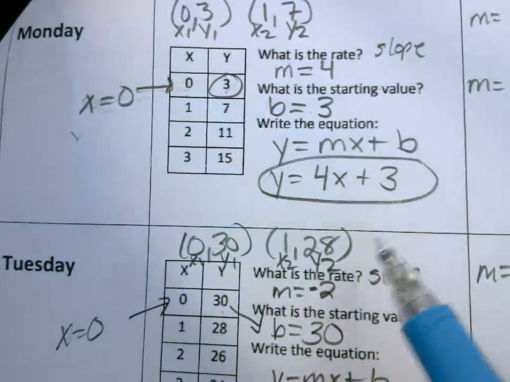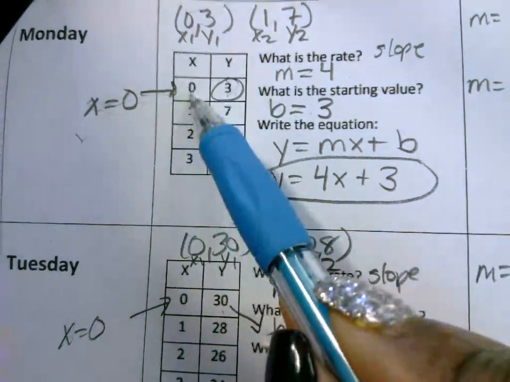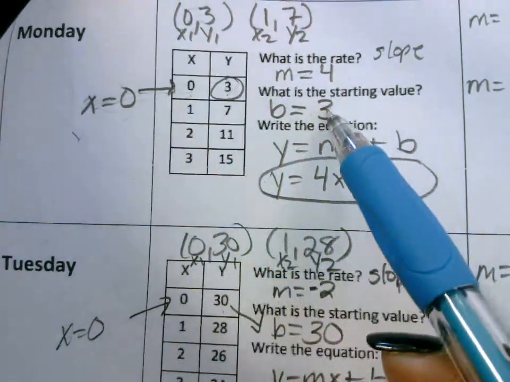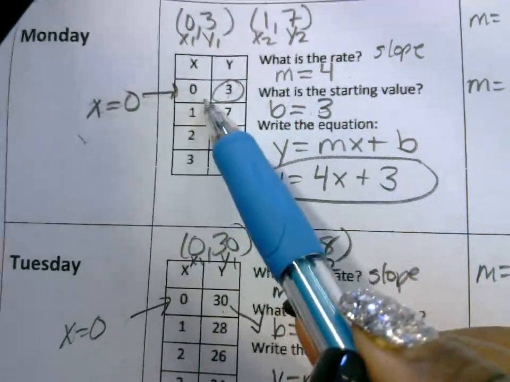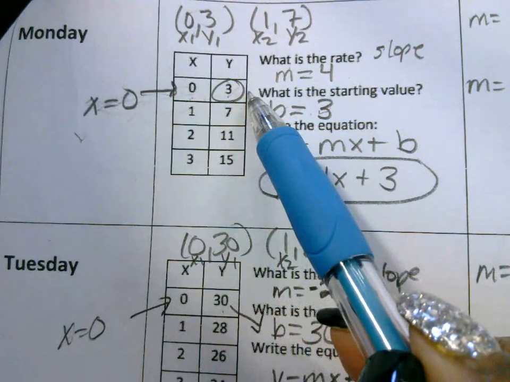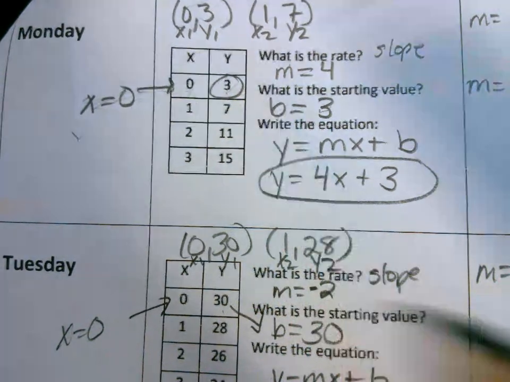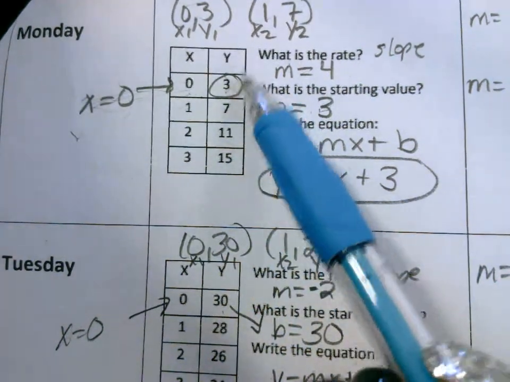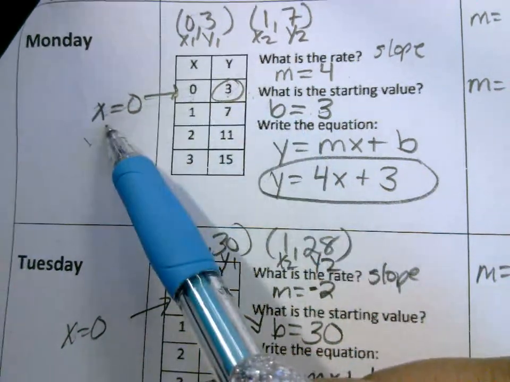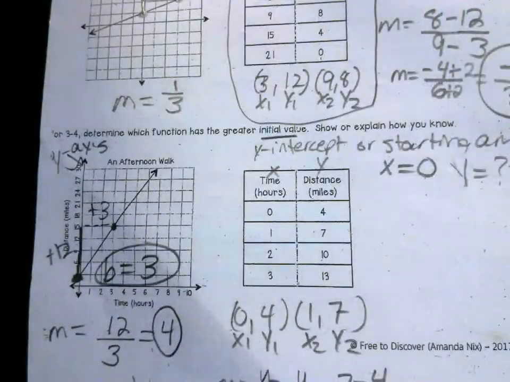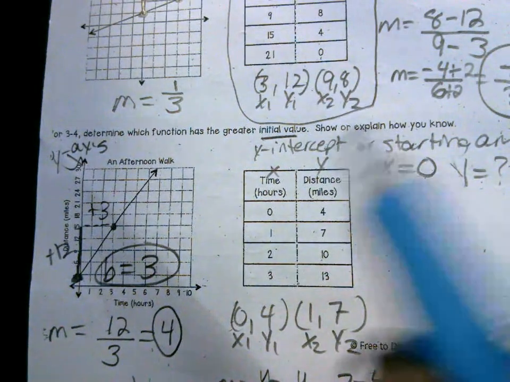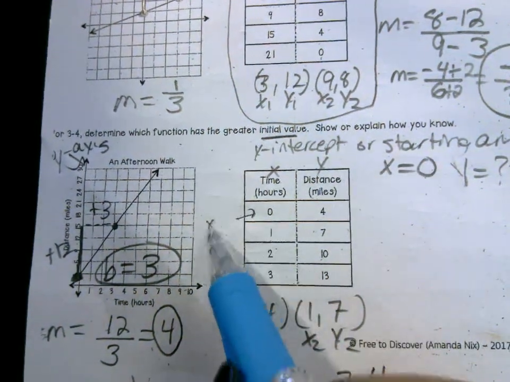All right. So wherever x is equal to 0, that's going to be our starting amount. Find where x is 0, and whatever that y value is, that's your starting amount. Not just because it's the first number, but because it's where x is equal to 0. So look for where x is equal to 0 in the table. x is equal to 0 right here.